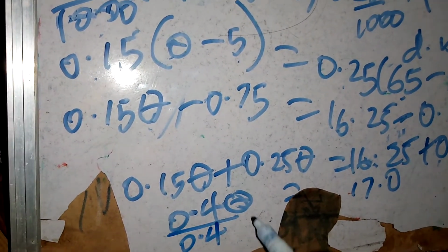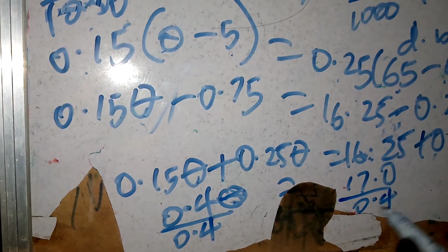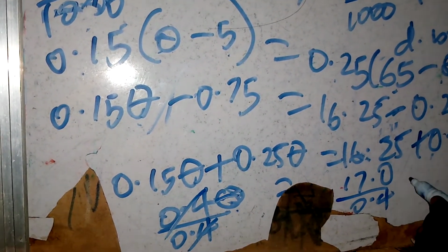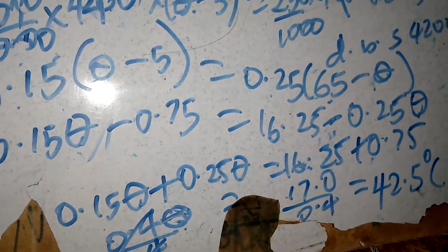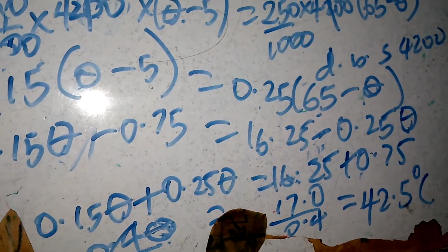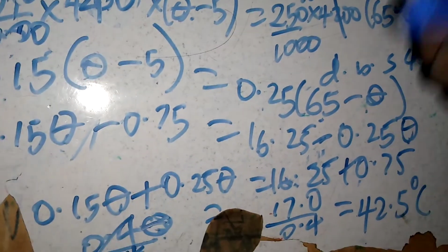What is beside theta? That's 0.4, so 0.4 cancels 0.4. What's left? Theta. So theta equals 42.5 degrees Celsius. So this is the final steady temperature at which the water stays when the waters are mixed together.